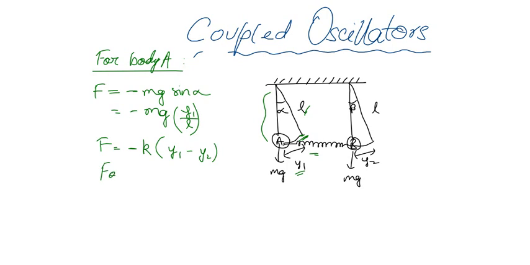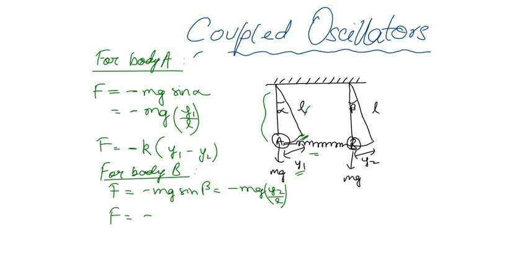Similarly for your body number B, you have the same kind of forces, just that the angles are opposite, minus mg sine beta, which gives you minus mg y2 by L, right? And you have F is equal to minus k, in case of B, it will be y2 minus y1 correspondingly.